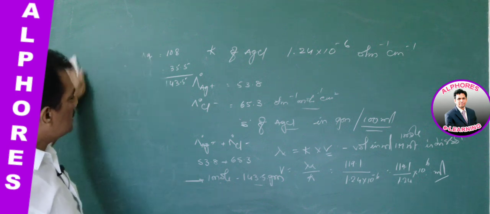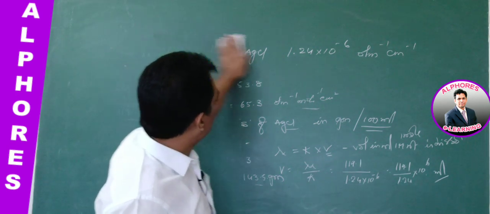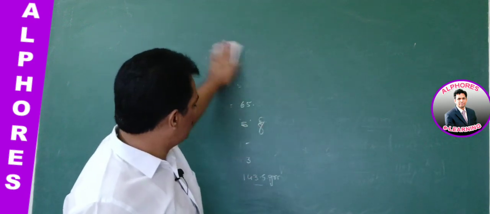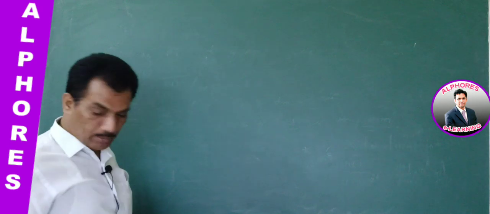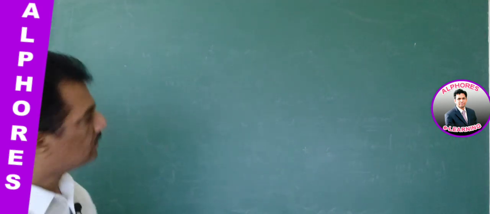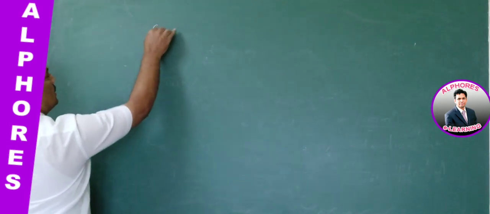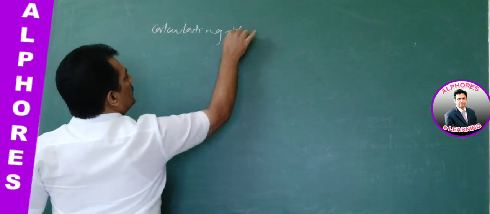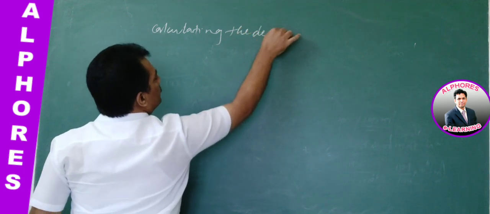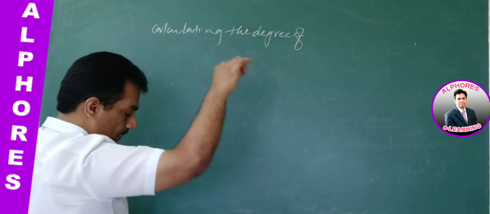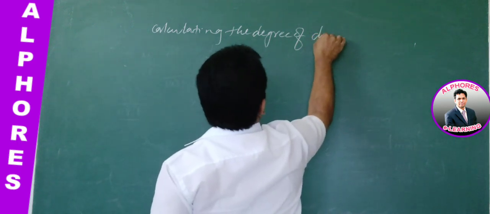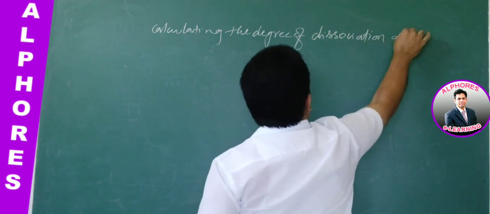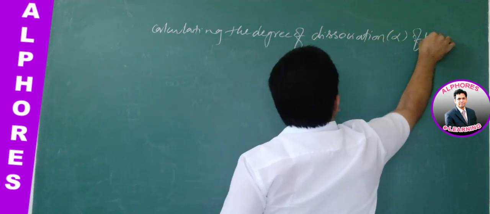Now in this session, we can find some more applications of Kohlrausch's law. Let us discuss these applications. One of the important applications is calculating the degree of dissociation alpha of weak electrolytes.